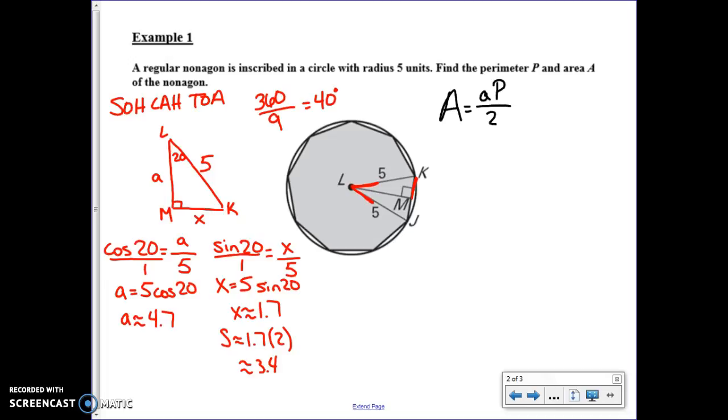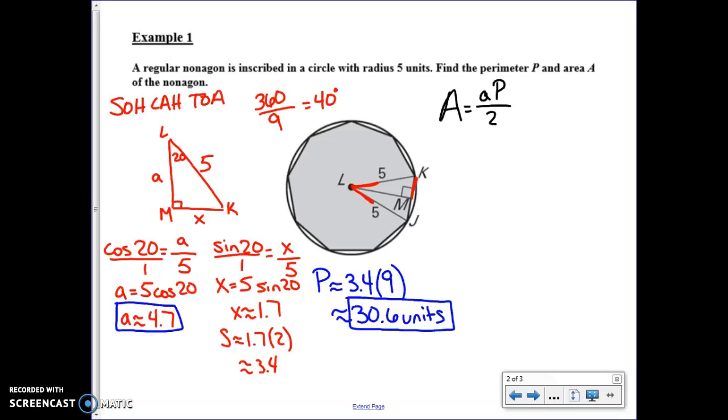So from there, once I have that 3.4, I can find the perimeter because I know I have a length of 3.4 and I can multiply that by the number of sides that I have. So 3.4 times 9 would give me 30.6 units. And it did specifically ask for perimeter. So there's that one. Now I have the perimeter, I have the apothem, so I can take those now and plug them in. So the apothem is 4.7.